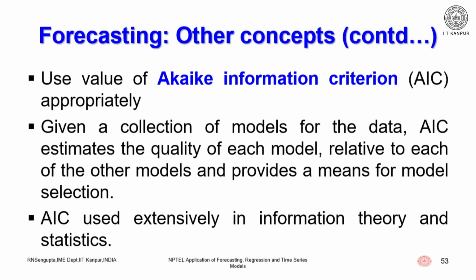Now, one thing should be made very clear: there is no ultimate model, in the sense that one model may not be applicable for all problems. Depending on what criteria and what metric you are going to use, you have to select the model accordingly. For example, you will see later that the exponential moving average may be applicable for one case, while the Holt-Winters method may be applicable for a different type of case, depending on the data.